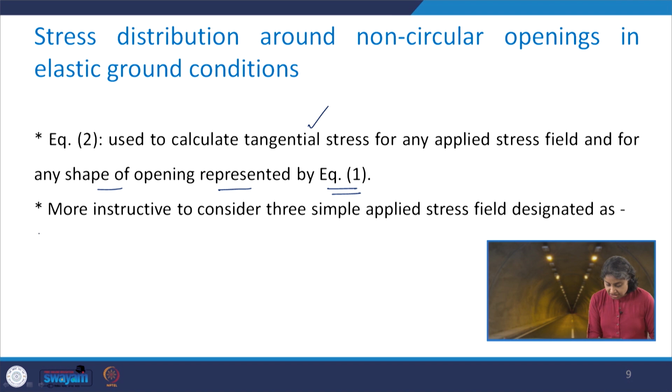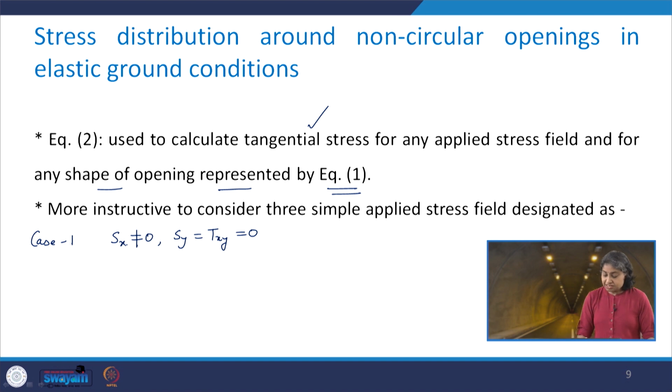So, first we define case 1. Here you have Sx not equal to 0, but Sy and Txy equal to 0.